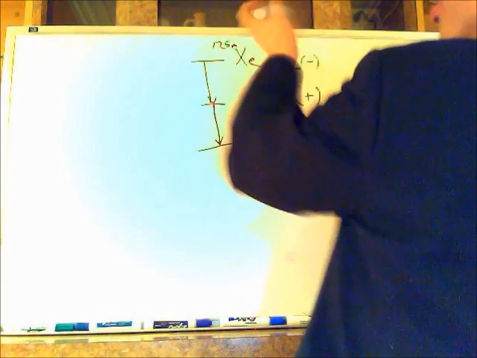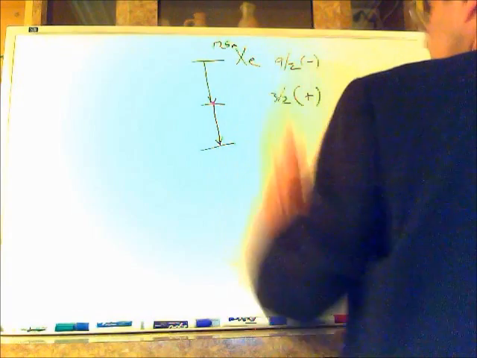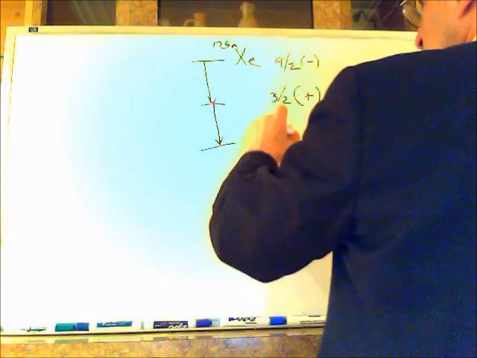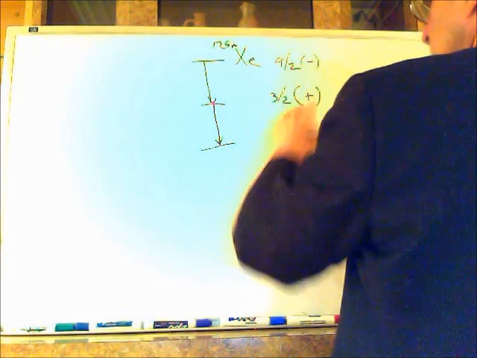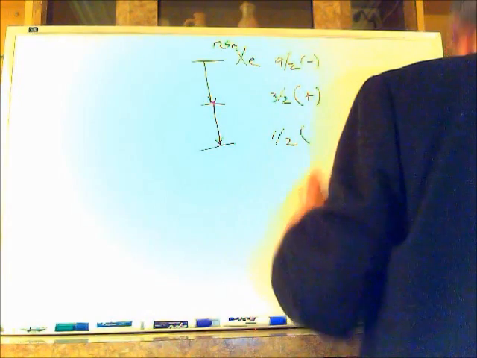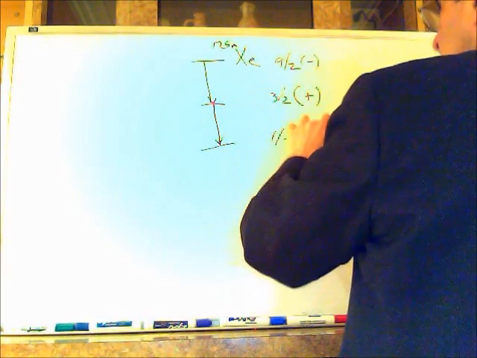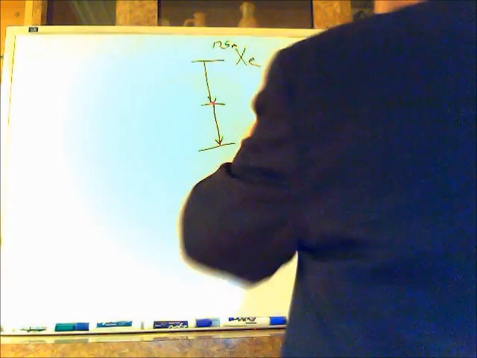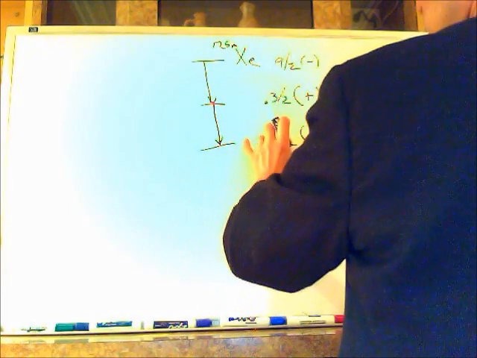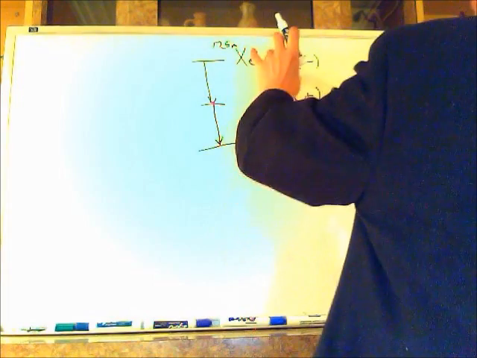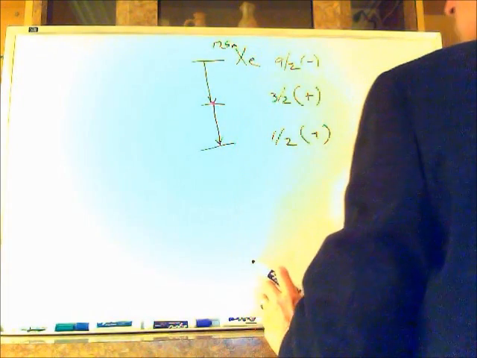So these are spin directions, positive and negative. I'm not going to go into what these fractions represent right now. It's kind of complicated. They have to do with orientations, but the point is that you can have spin 1/2, spin 3/2, spin 9/2.